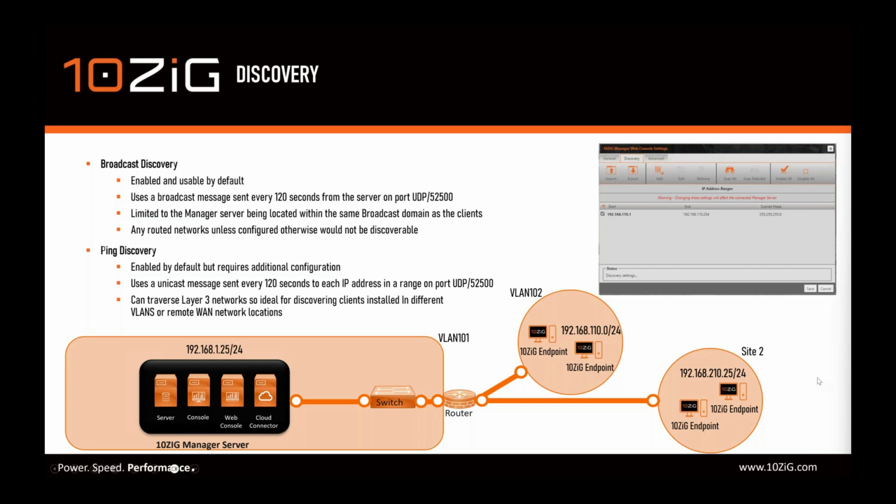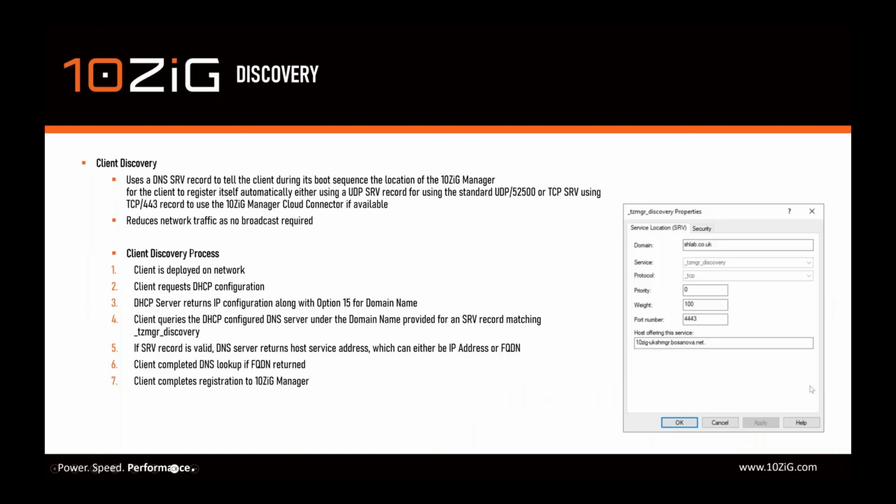We also have another method for client discovery, and this is slightly different because it reverses the registration process. Whereas the other two items use the Manager to send out the broadcast to discover the devices, this uses the client to automatically learn the address of the Manager and register itself automatically.